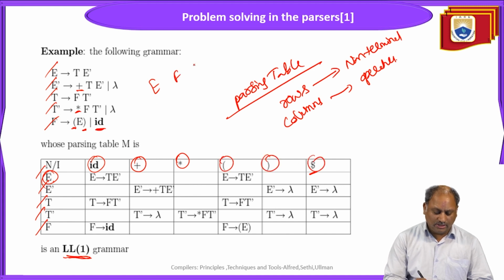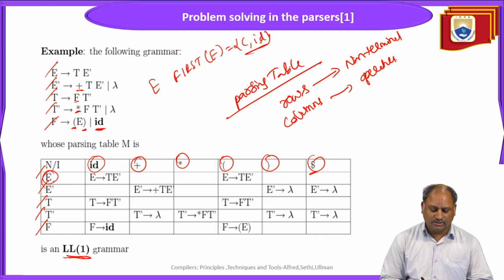For example, if we calculate the first of E, which is equal to first of T. What is first of capital T? First of F. What is F? Left parenthesis, ID. So this is the result. We are going to write this computation where left parenthesis and ID, left parenthesis ID, two places appear in first of E.